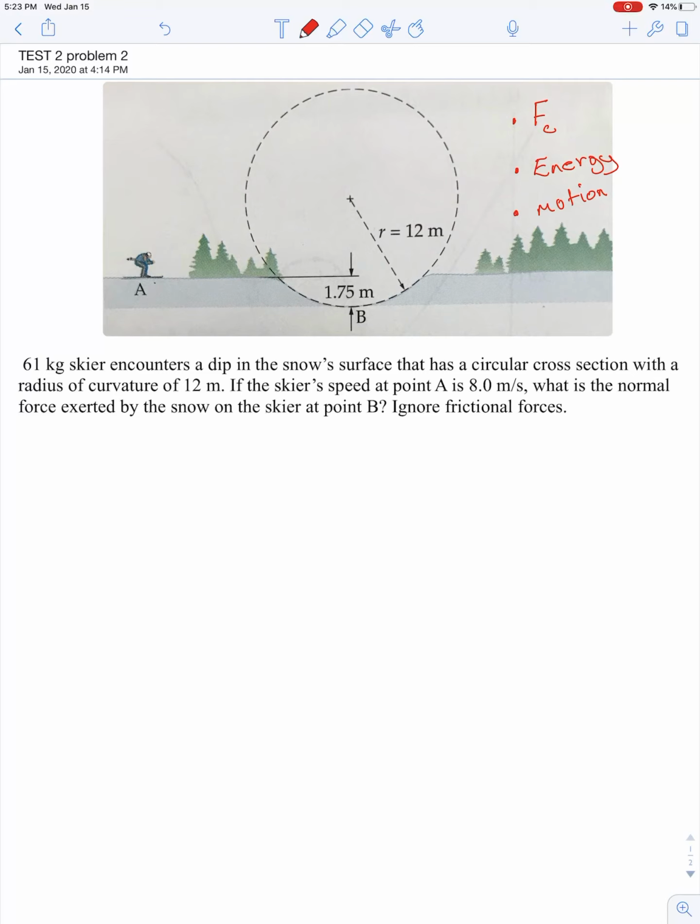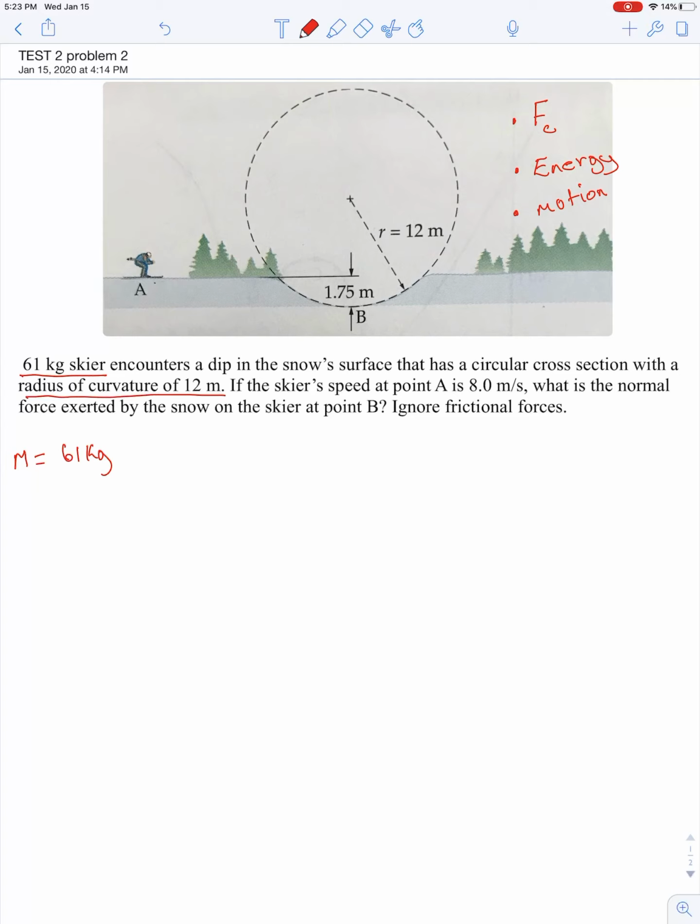All right. Now that we have uploaded all this stuff in our brain, let's tackle this problem. A 61 kilogram skier, so I underline that, and that would be my mass, m equals 61 kilograms, encounters a dip in the snow surface that has a circular cross-section with a radius of curvature of 12 meters.